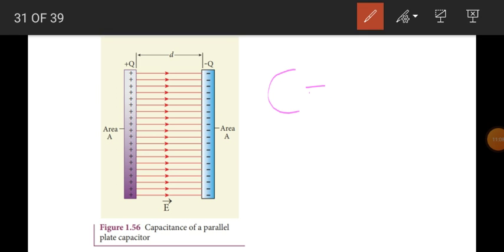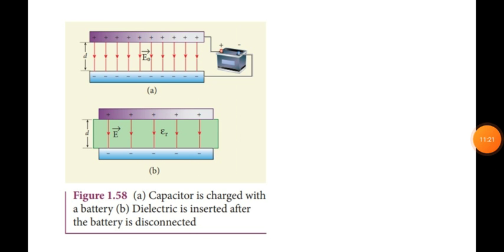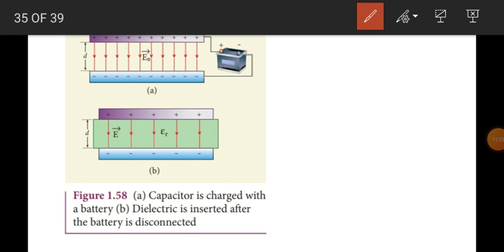So in this case my equation will be directly proportional to area of cross section and inversely proportional to the distance between them. If I fill it with a dielectric slab, like in this case, they have charged the capacitor and inserted one dielectric slab inside. In this case my capacitance will increase. Capacitance means the ability to hold charge will increase.